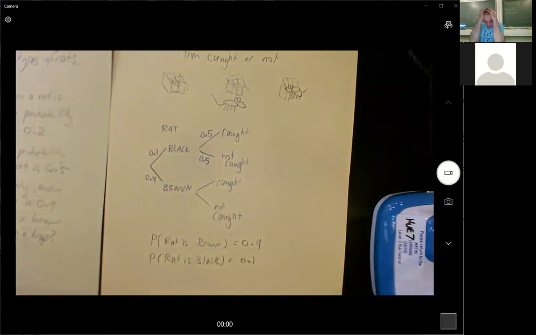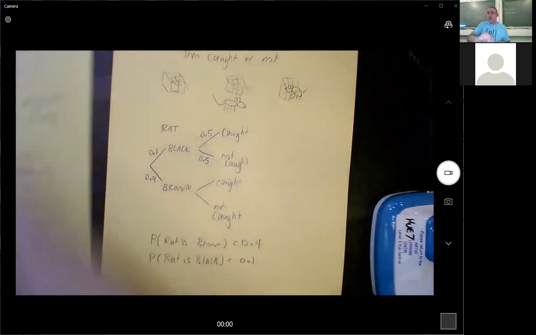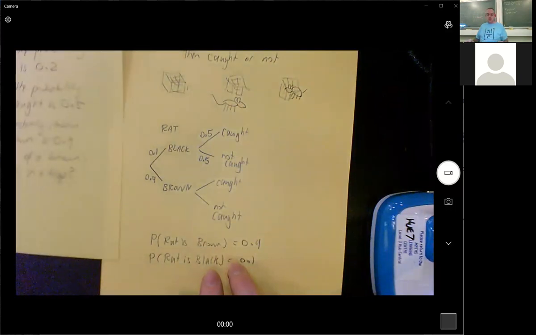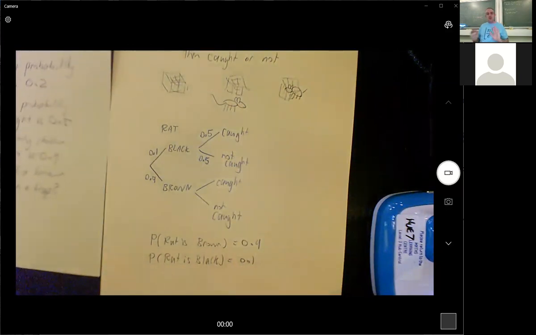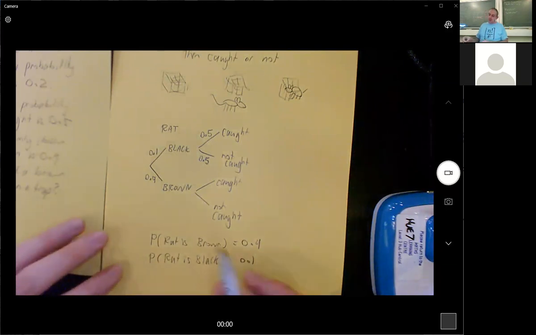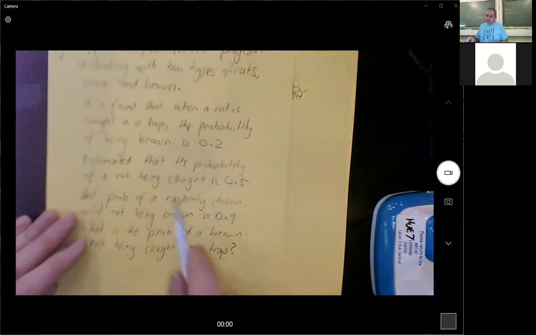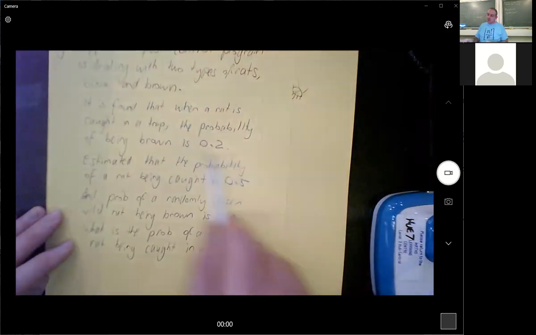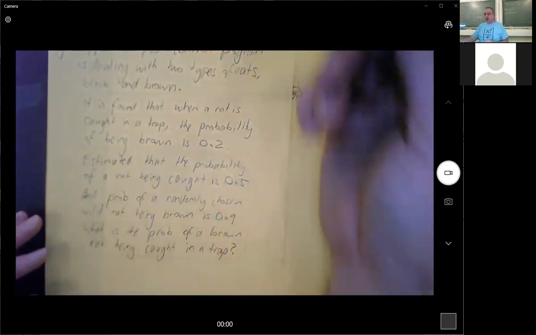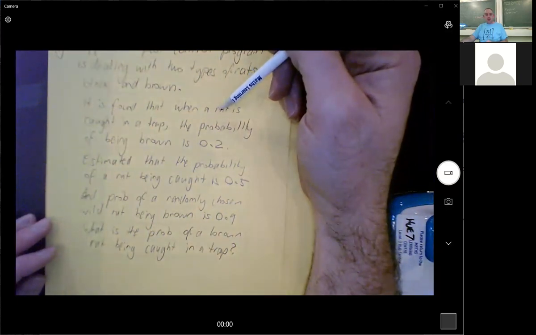Oh, crap, just a second. I've done something wrong. So the reason I think I've done something wrong is that this probability here says to me that this is the probability of a rat being brown given that it has gotten caught in the trap.